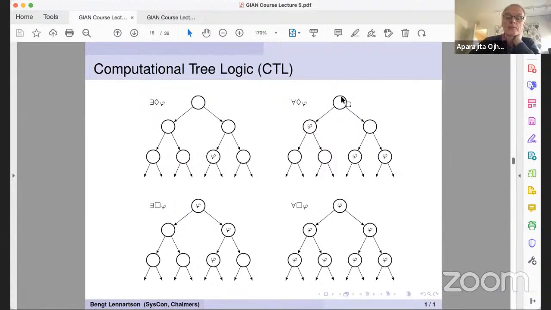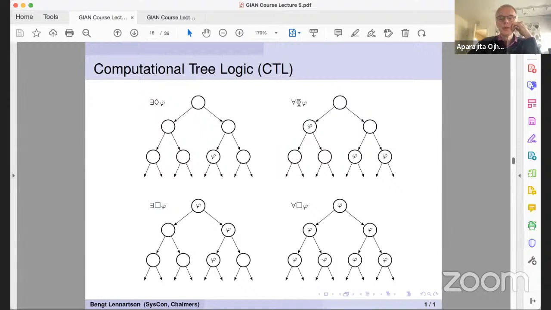That means that in every sequence of this tree, or it could represent an automata, sorry, then eventually you should get a phi in this case. Phi corresponds to P in the former description. Phi could then be a more general, arbitrary temporal logic expression.